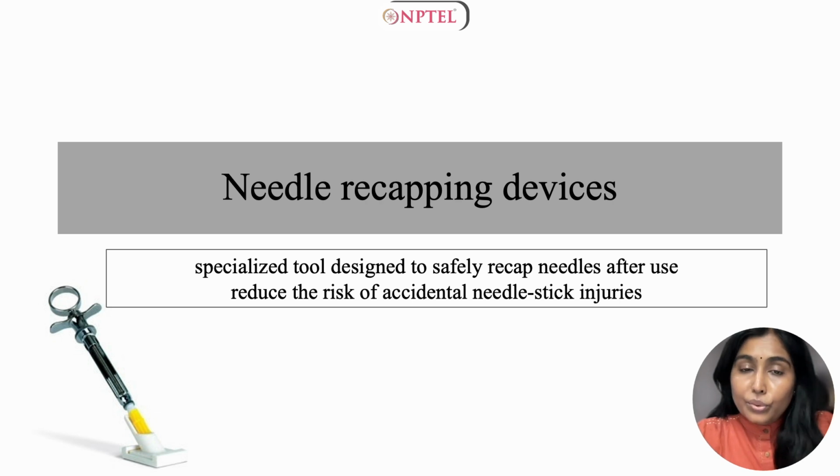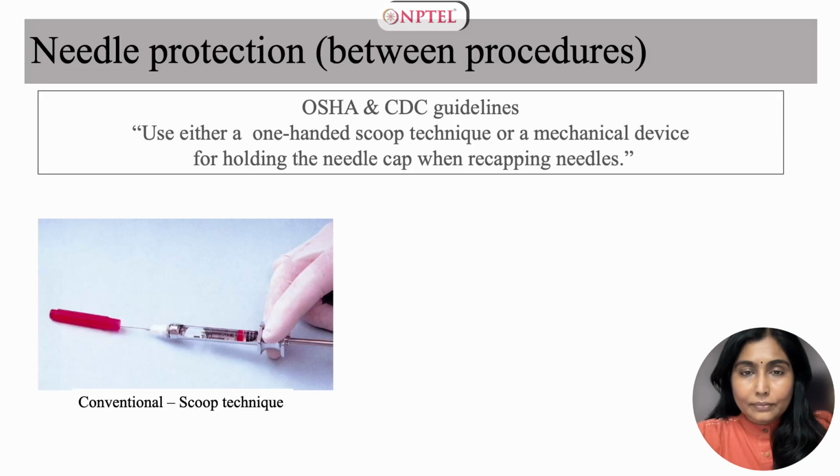We now move on to the next category of instruments which are essential for protecting a dentist. The first of the category is a needle recapping device. These are specialized tools designed to safely recap needles after use and to reduce the risk of accidental needle stick injuries.